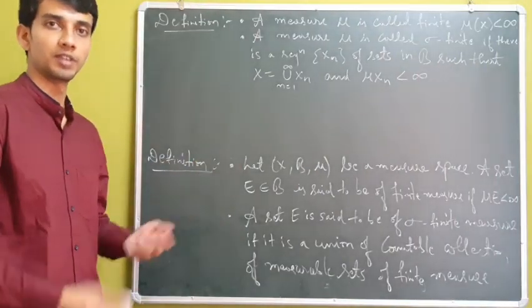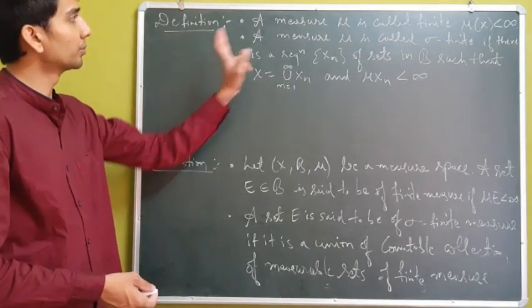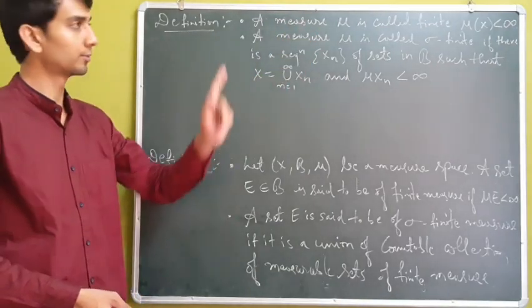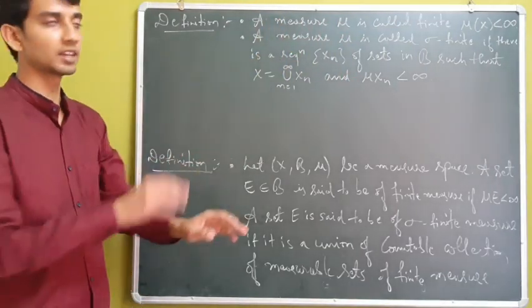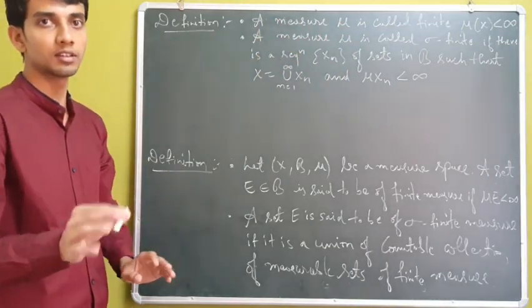Next we have some definitions. A measure mu is called finite if the measure of the whole set is finite.